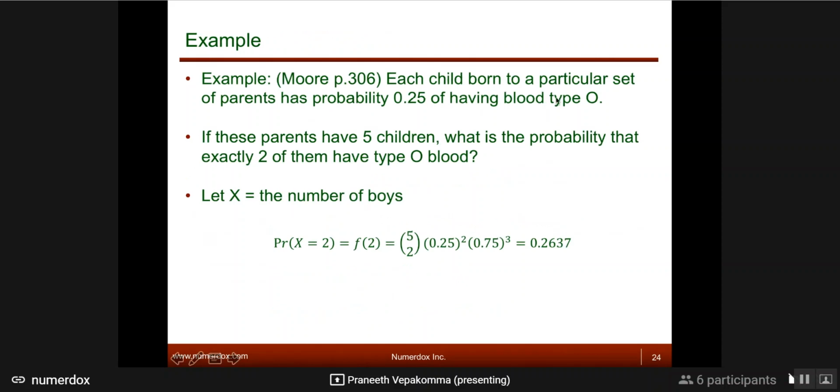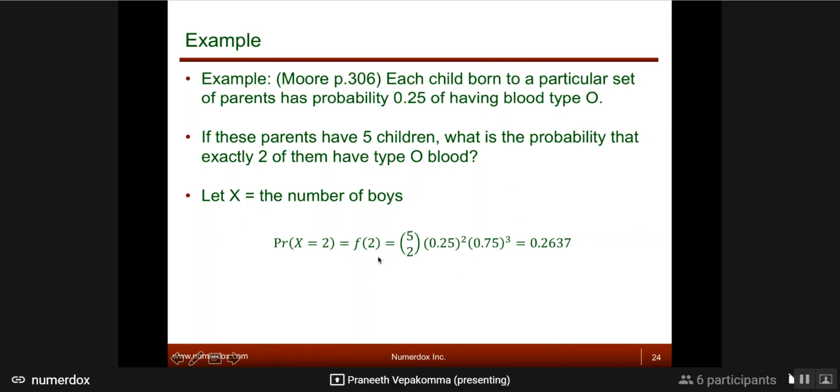So there's another example, just from this book. Each child born to a particular set of parents has probability 0.25 of having blood type O. If these parents have 5 children, what is the probability that exactly 2 of them have type O? So if you're assuming that having blood type O is the success event and not having it is the failure event, just for naming convention, then you're interested in 2 successes.